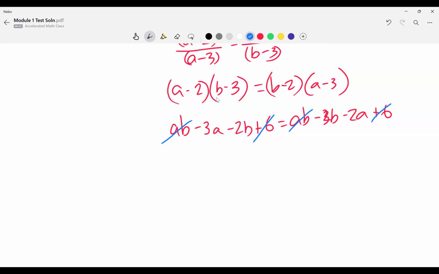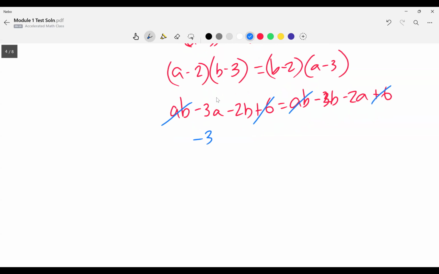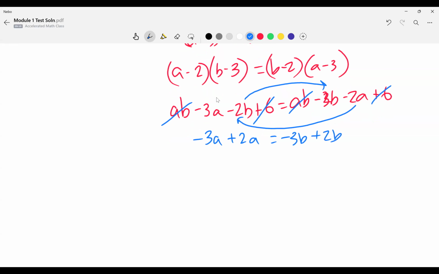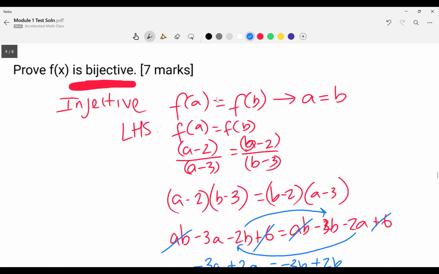And then we have minus 3A on one side. Bring this over to be plus 2A. We have minus 3B on one side. This over to become plus 2B. And now we have minus A is equal to minus B, which is the same thing as A is equal to B. So now this is the right-hand side. So we just proved that it's injective, right?